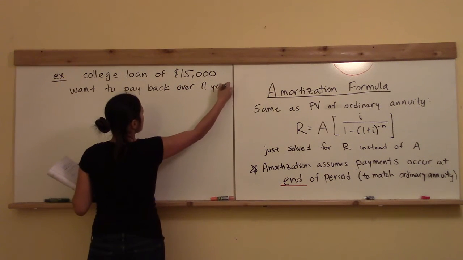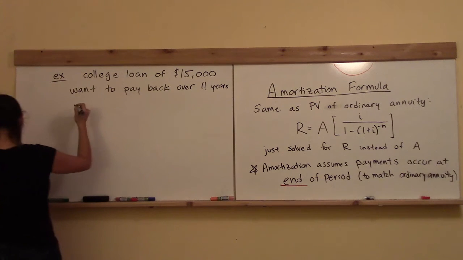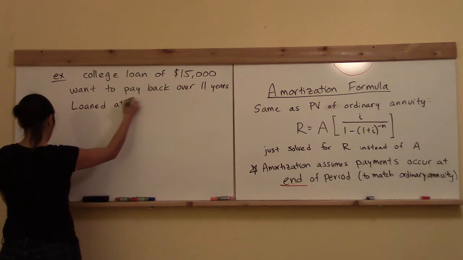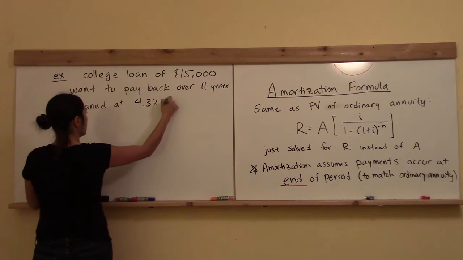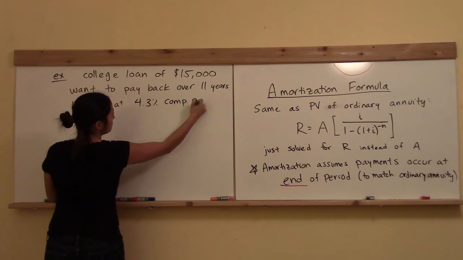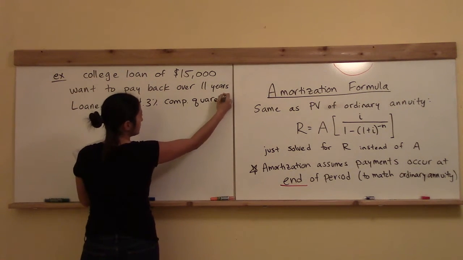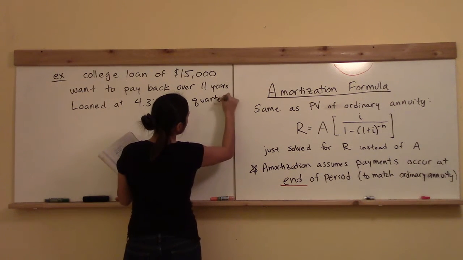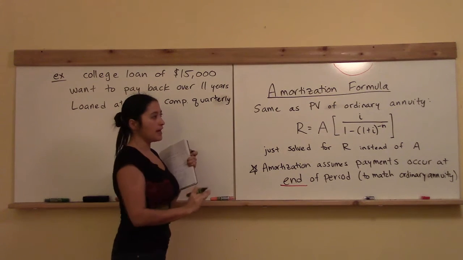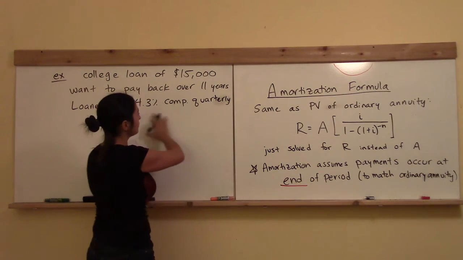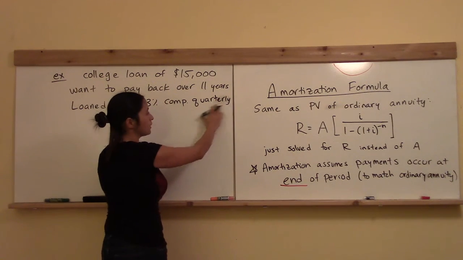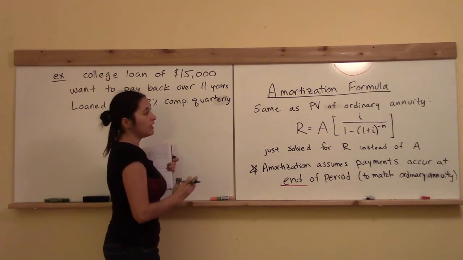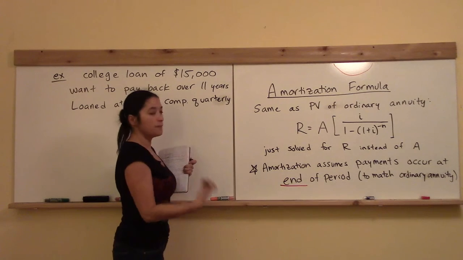Then I have to give you the stipulations of the loan, which is to say that it was loaned at a rate of 4.3% compounded quarterly. And keep in mind that, just the same as annuities, the periodicity of the compounding, in this case quarterly, must be exactly the same as the period of the payments back.